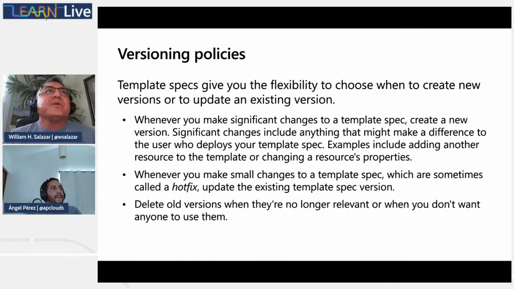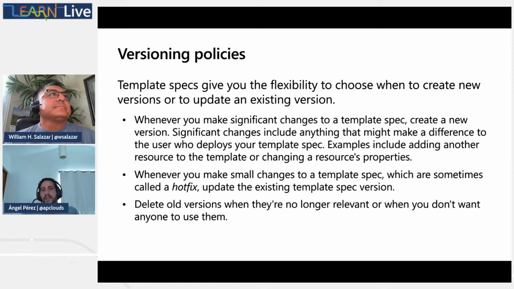So that's a good question, Angel. I think we should go with the versioning policy. So right now, I guess for us, every time a change happens, it doesn't matter. If something new is being introduced, like, for example, a new resource got added to that template, we definitely want to bump that version up and publish a new version.